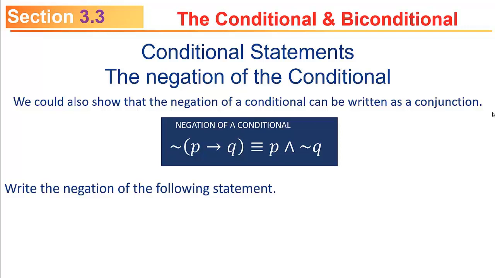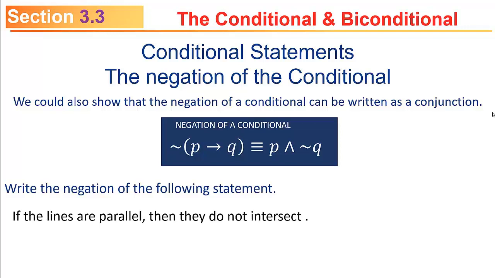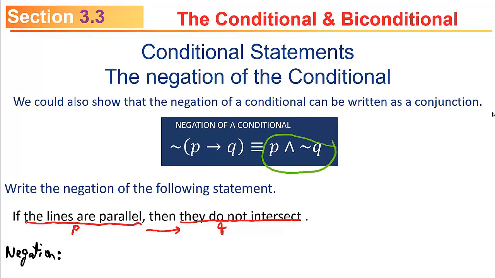An example: write the negation of the following statement. The statement is, if the lines are parallel, then they do not intersect. So the negation of that statement: the lines are parallel is like the P. The if-then is the right pointing arrow. They do not intersect is like Q. So forming the left-hand side of the statement and changing it into the right-hand side of the statement is what they're asking me to do.